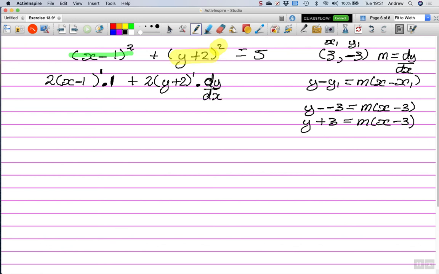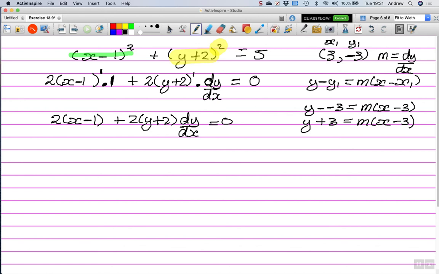What's the differential of 2? That's 0. Moving to the right-hand side, what's the differential of 5? It's 0. Just a little tidy up line: 2(x minus 1) plus 2(y plus 2) dy/dx is equal to 0.